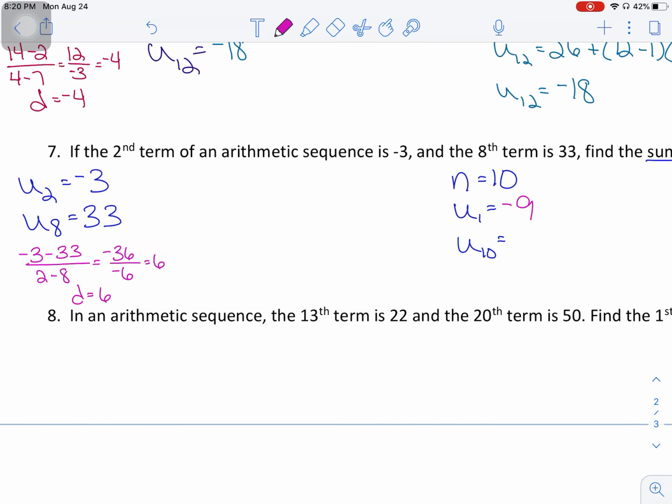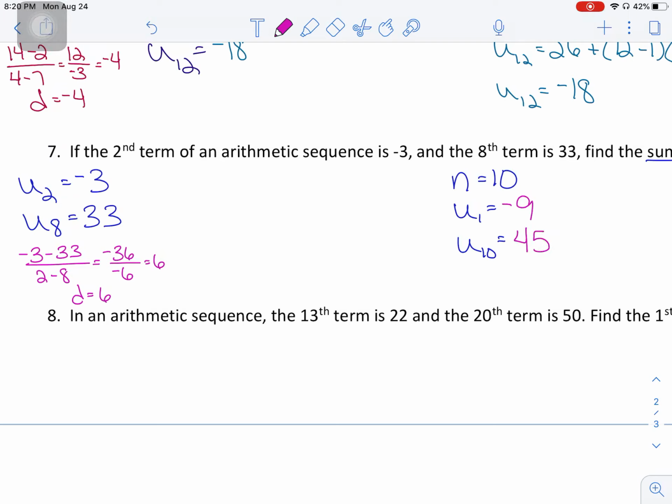Right? Negative 9 plus 6 would get me negative 3. You could follow the same logic and just say, well, if my eighth term is 33 and I add 6, that would get me my ninth term, 39. And then if I add 6 again, my 10th term is 45.